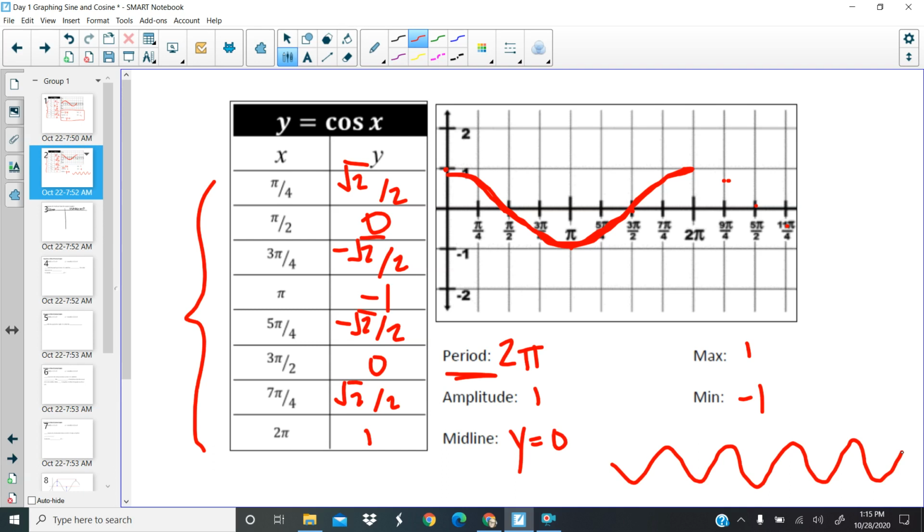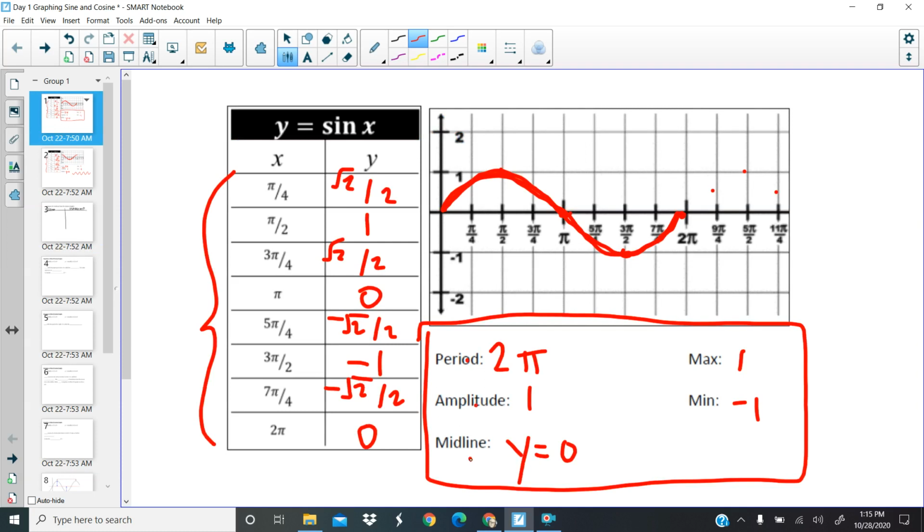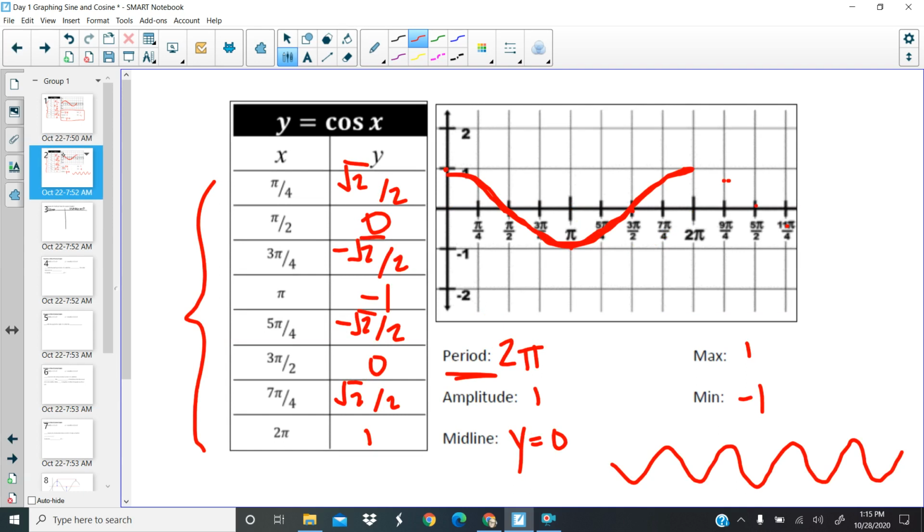So one of the first things that I want to do is look at some similarities and differences between the sine and cosine graphs. So some of the stuff that's the same, if you look at the 5 things I have listed down here, I have the period is 2 pi, amplitude 1, midline at y equals 0, and the max is 1 and min is -1. If I go to cosine, I have the period is 2 pi, the amplitude is 1, the midline is at y equals 0, the max is 1, and the min is -1.